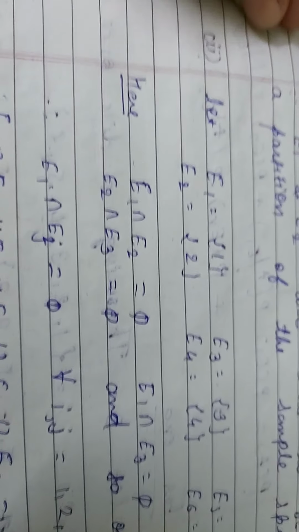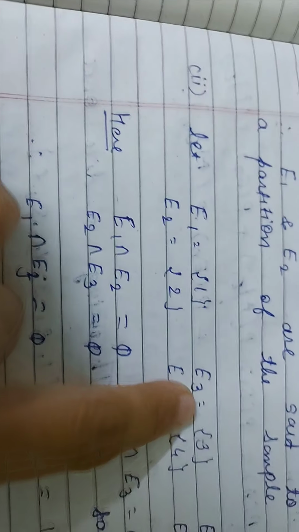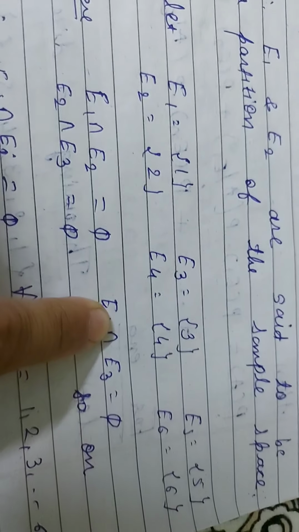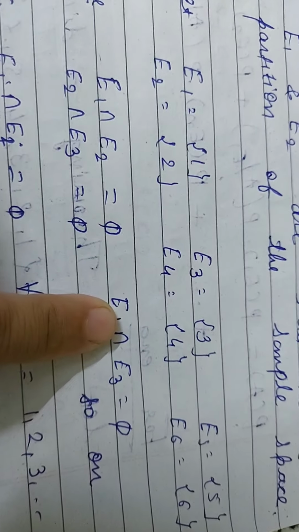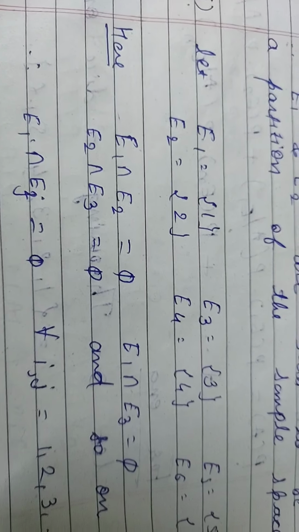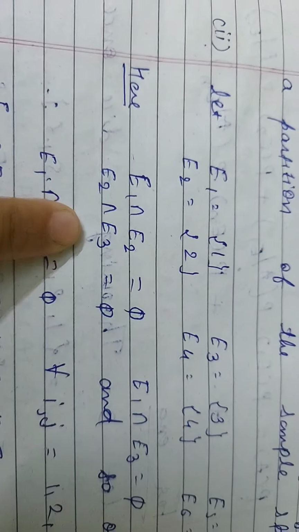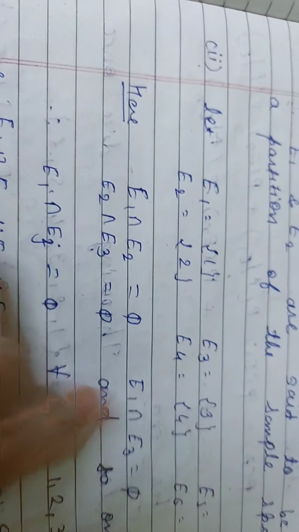So here we have the second example. Let E1 be the singleton {1}, E2 {2}, E3 {3}, E4 {4}, E5 {5} and E6 {6}. So these 6 events are obviously disjoint because they don't have any common element. E1 and E2 is phi, E2 and E3 is phi. Okay, no common element.